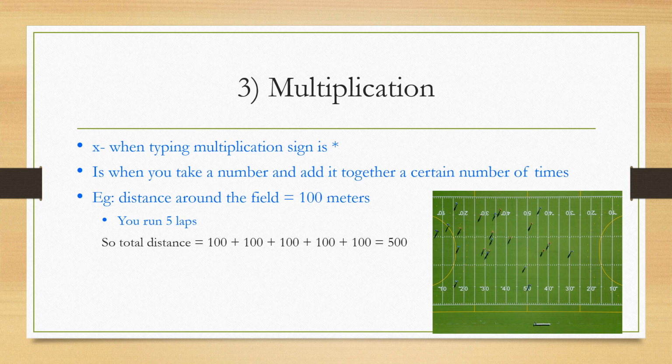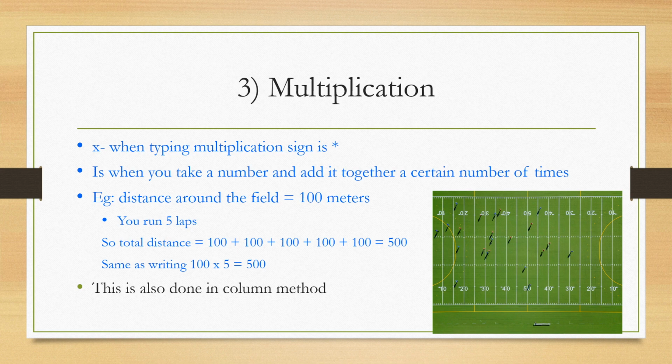You run 100 and you do it for 5 laps. This is the same as writing 100 multiplied by 5, which is 500. As you can see, it's the same number. Multiplication is basically a simplified version of addition, but for the same number.